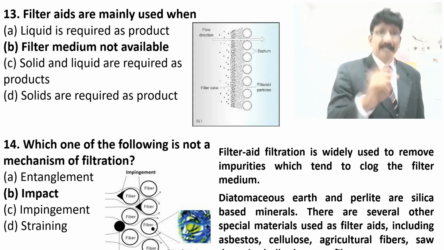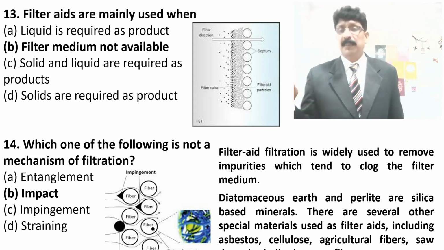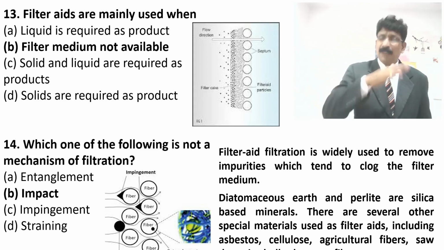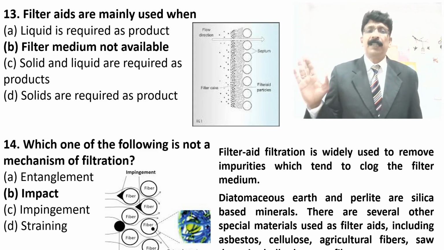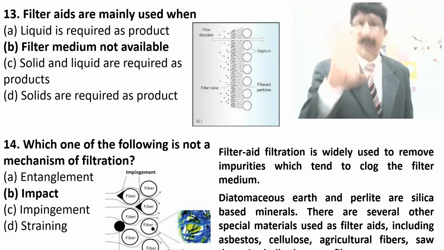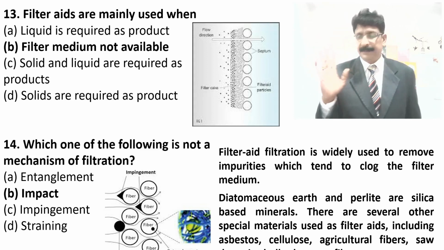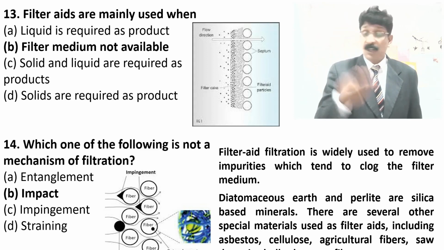Filter medium is not available. Suppose you do not have a filter medium, or the filter paper is not working properly, then you need some filter aid. Sometimes some powder will increase the filtration, the separation of solids and liquids.